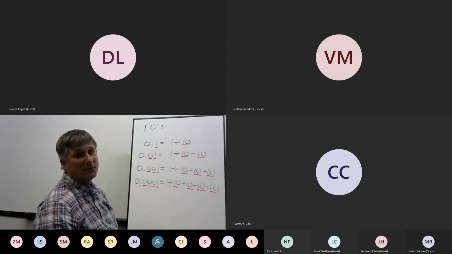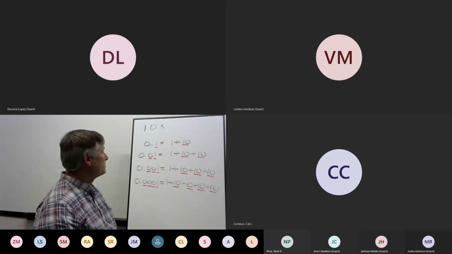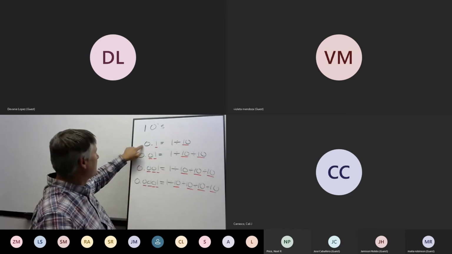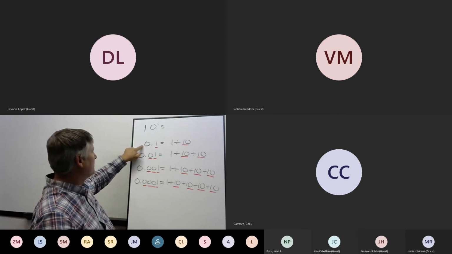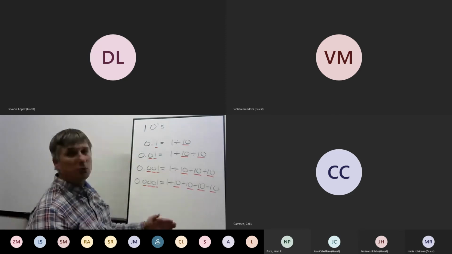So any questions about that? So when you're multiplying and dividing by 10, it's moving things around. The decimal will go to the left, or sorry, to the left 1 spot when you divide by 10. If you multiply by 10, you'll move it to the right.